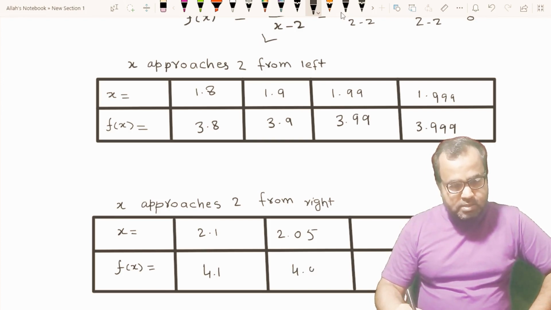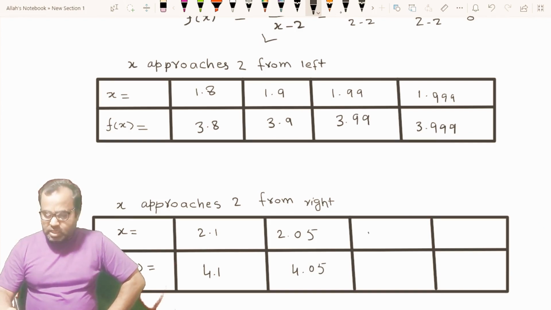If we put the value 2.01, then our answer will be 4.01.